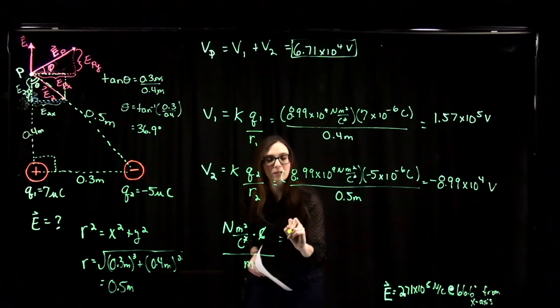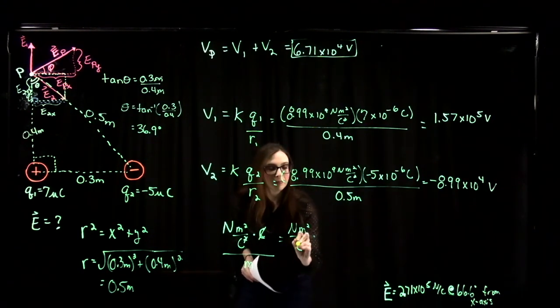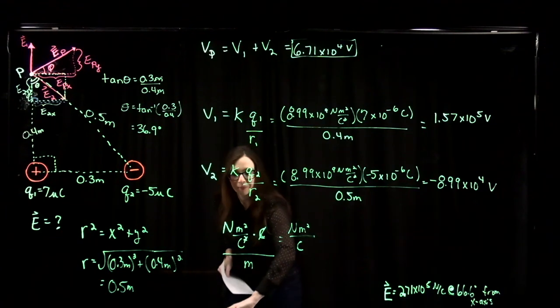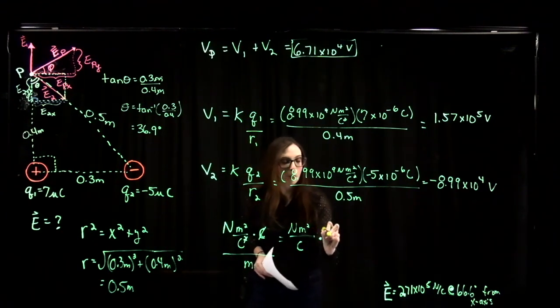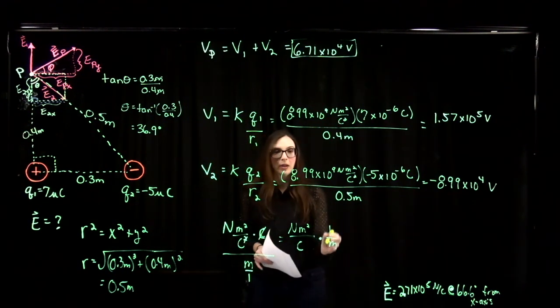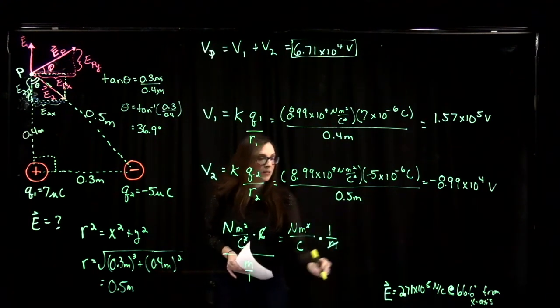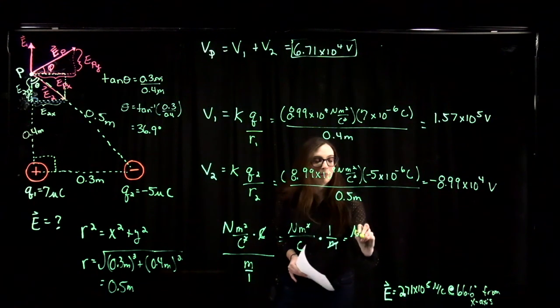I'm going to rewrite this as Newton meters squared over Coulomb times 1 over meter, an inverse meter. Dividing all of this stuff by m is the same thing as dividing by m over 1. And when we divide by a number, it's the same thing as multiplying by the reciprocal, so I can rewrite it like this. This meter cancels with one of these, and then I'm left with Newton meter over Coulomb.